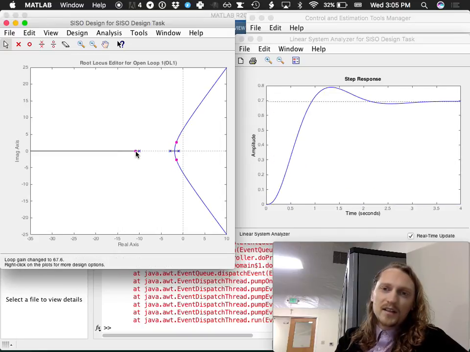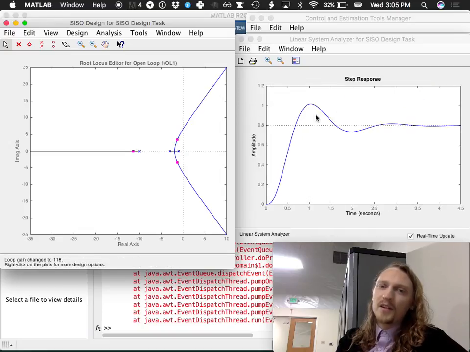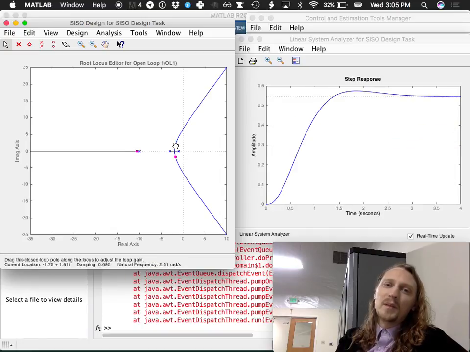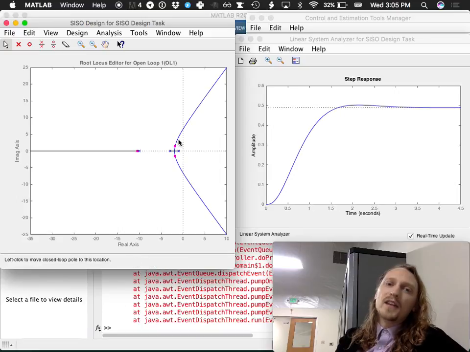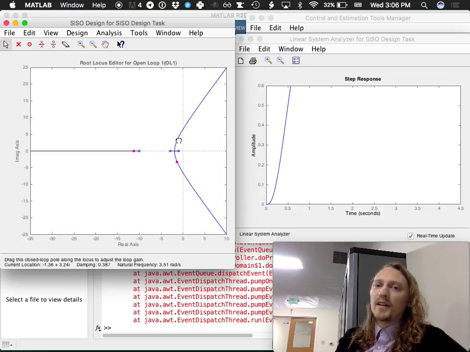So you can increase the gain by just moving the dots around and seeing how the step response responds to that. So we would expect as we go up here that our settling time is probably going to get longer, right? And we're going to oscillate more and more, right?